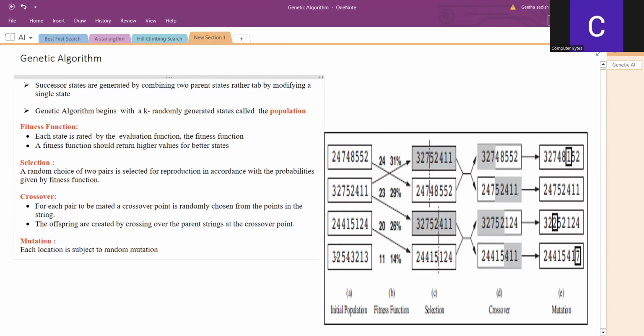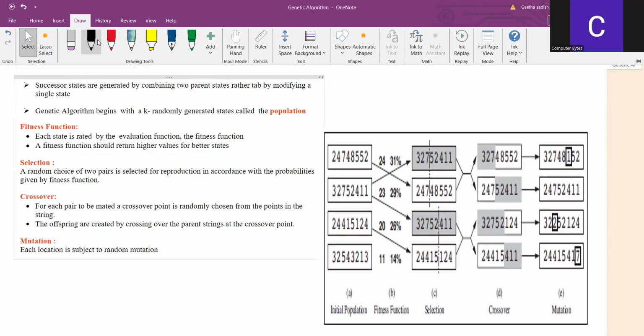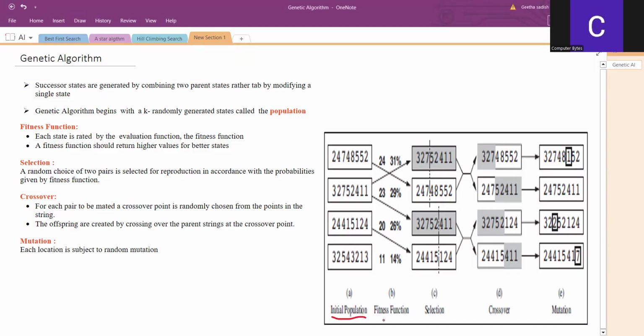Normally the genetic algorithm consists of different stages. What are they? Here, if you see, initial population, fitness function, selection, crossover and mutation. These are all the several stages available under genetic algorithm.